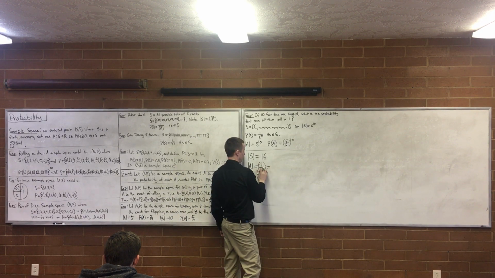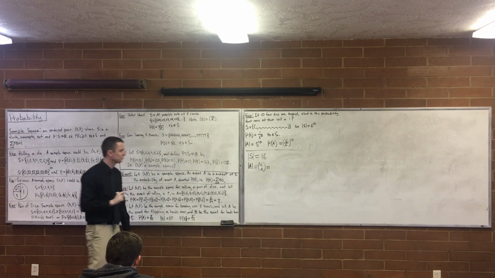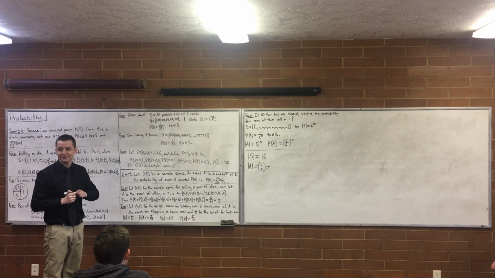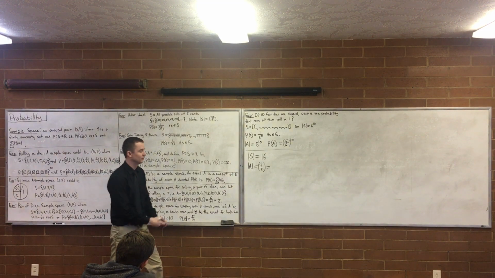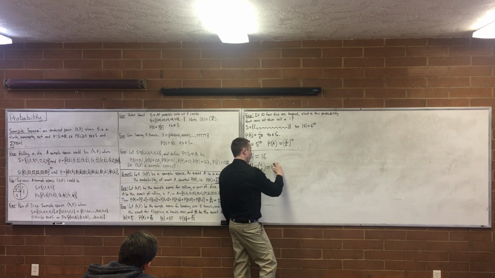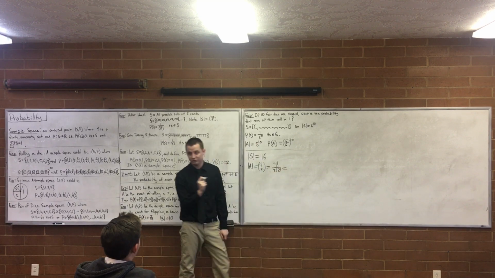You did 5 choose 2, but you can't do 4 choose 2? It's 4 factorial over 2 factorial times 2 factorial, which is equal to?